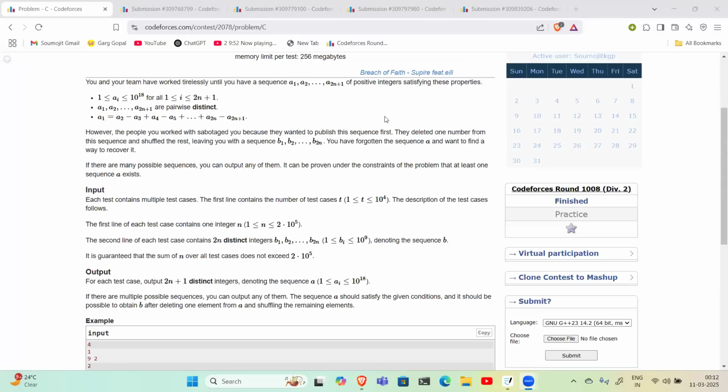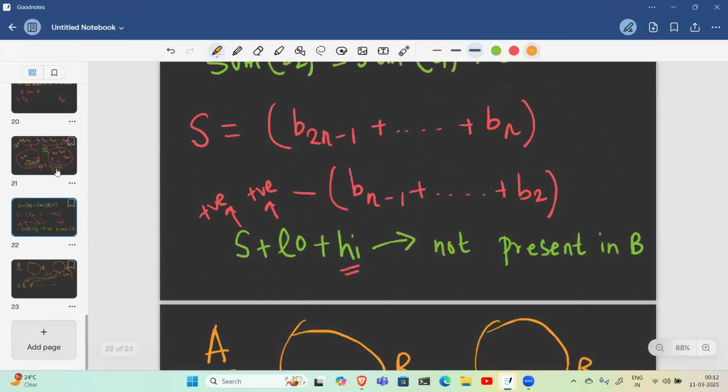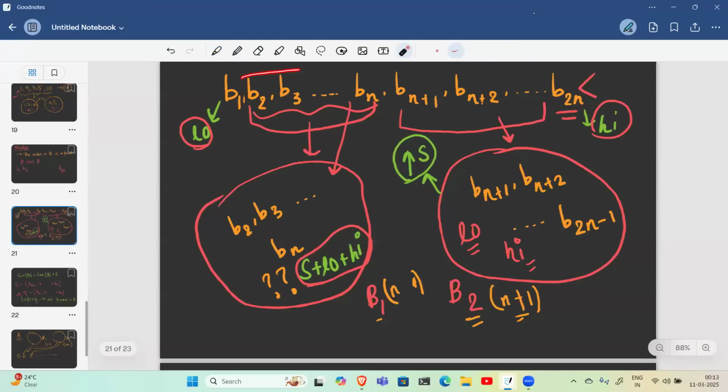Okay, Akshay, let me explain it once again. Naivedyam says we added low plus high, so low and high are individually lost in A, right? And every element of B must be in A. Yeah, so every element of B is already in A, right? Look at what we did in the construction of the bags: every element of B has been added. All these integers B2 to Bn have been added in this bag.